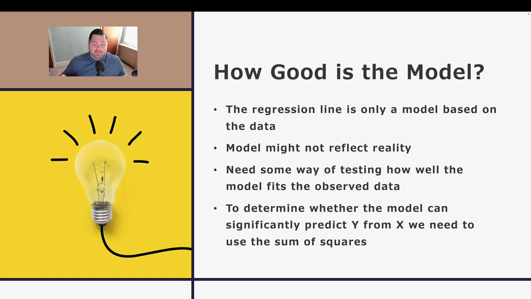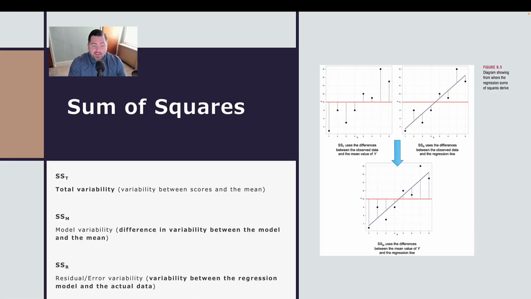We need to think about that. And so we have to be able to test the model, which is giving us the answer to the question about whether the line of best fit is a good line and can accurately predict the unknown Y value of interest in our given research question.